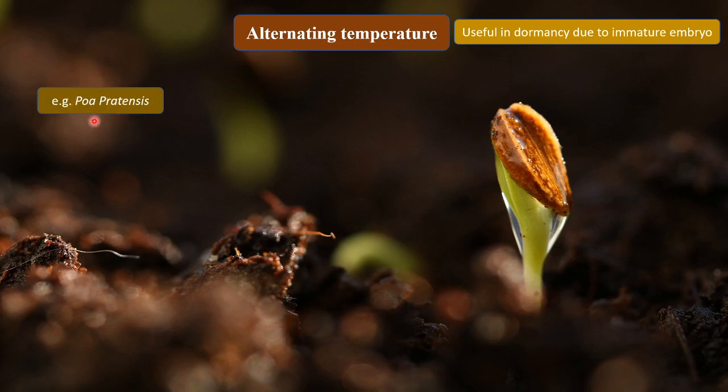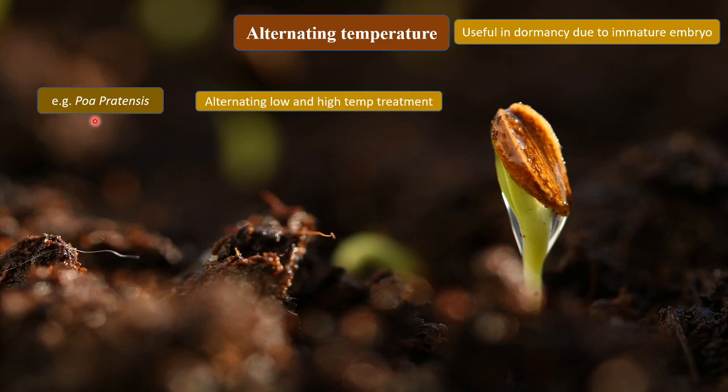This belongs to family Poaceae, right? What is done is that alternating low and high temperature treatment is provided. So an alternation is carried out between low and high temperature, that is, for some time low temperature is provided, and then again for some time high temperature is provided, and like that it can be continued.